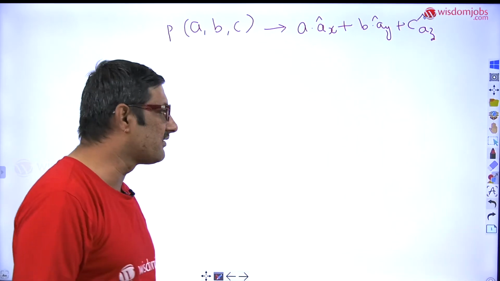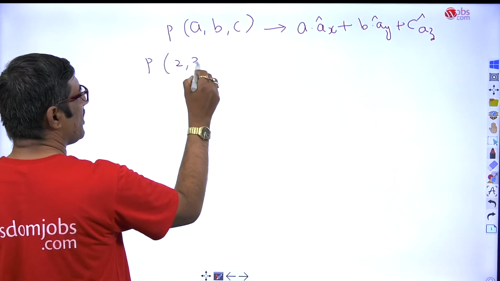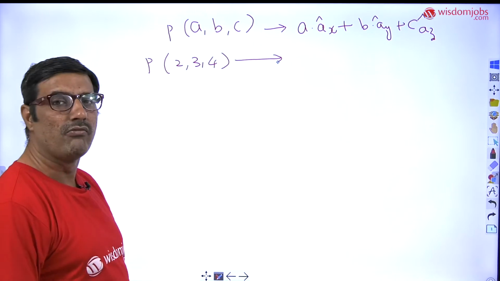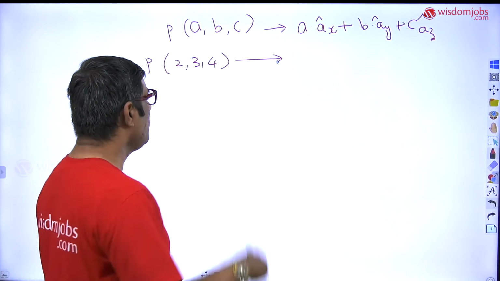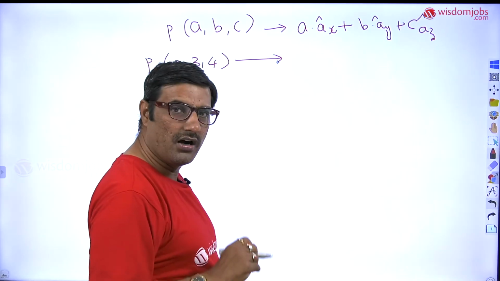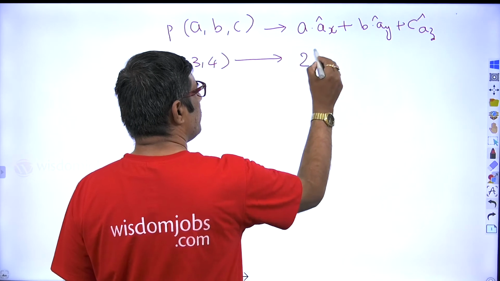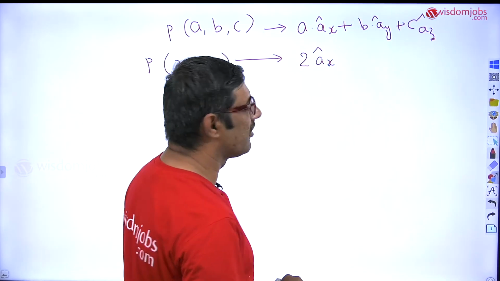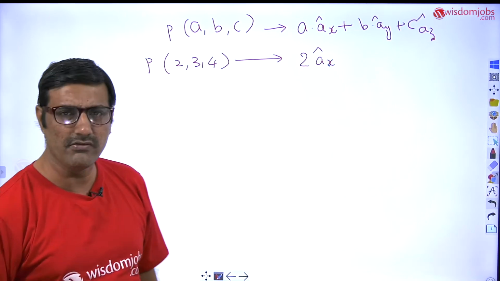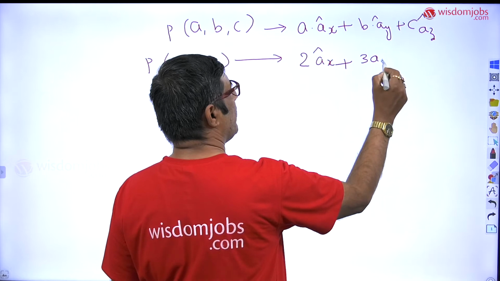Now let me take a numerical example, P(2, 3, 4). For this point, what would be the position vector? It is simply multiplying the x coordinate with its respective unit vector, ax cap, so 2 ax cap. Next, multiply the y coordinate with the unit vector along the y direction, ay cap, so plus 3 ay cap.